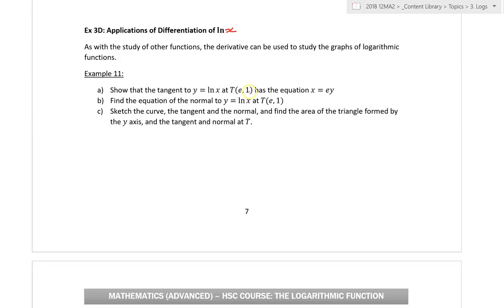So show that the tangent to this line at this point has this equation. Well, how do we do that? We will differentiate that. I'm going to say y equals function x because I prefer the function notation. Therefore, function prime x equals 1 over x, and function prime e equals 1 over e.